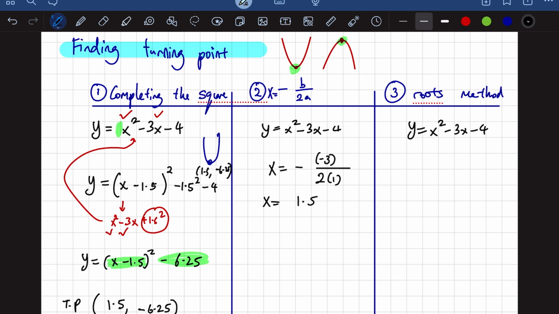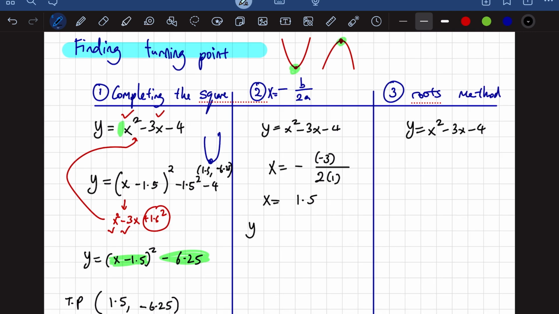When I put that formula in and clean it up, my turning point's x coordinate will be 1.5. Now to find the y coordinate of the turning point, I have to substitute 1.5 into the original equation, which is x squared minus 3x minus 4.